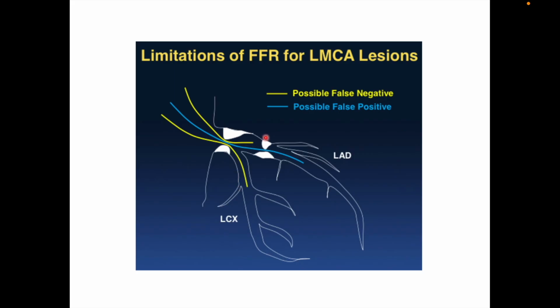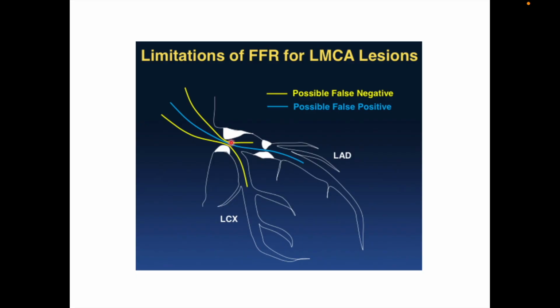Similarly, if you keep the pressure sensor here in the circumflex, then the very proximal LAD critical stenosis may do the same, that it's going to raise the PD, raise the pressure here across this whole region, and therefore it could give you a false negative FFR in the circumflex at this point if you take this as a significant side branch.